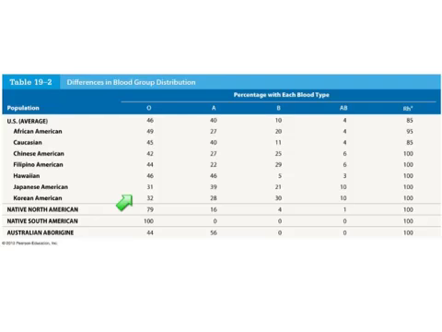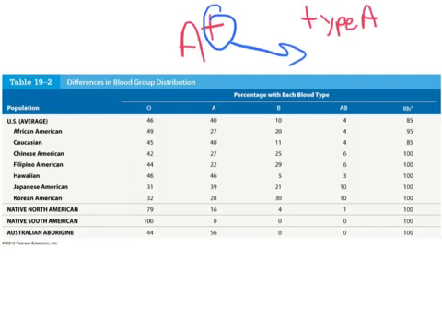There's one other element considered in blood typing. If you know your blood type, you might know that you are, for example, A positive. What this positive means is that you have type A surface antigen on your red blood cells, and that positive means that you are positive for something called Rh factor.